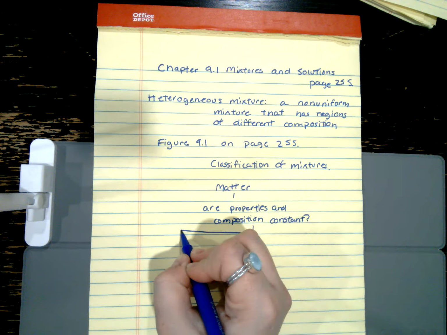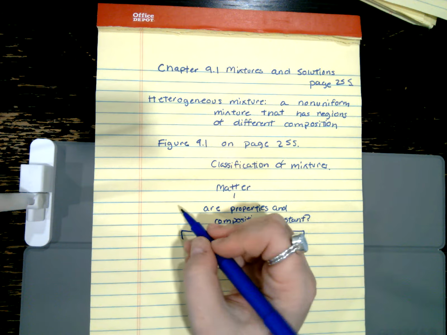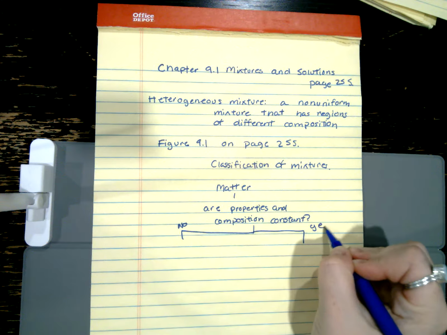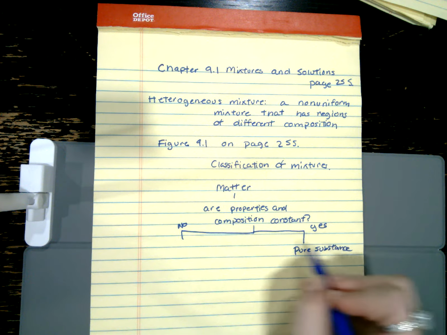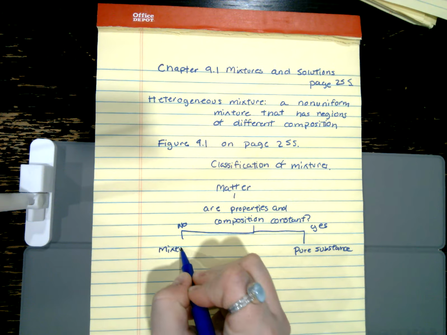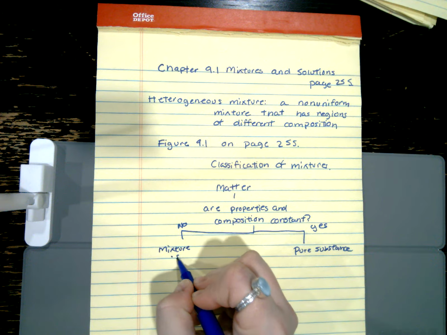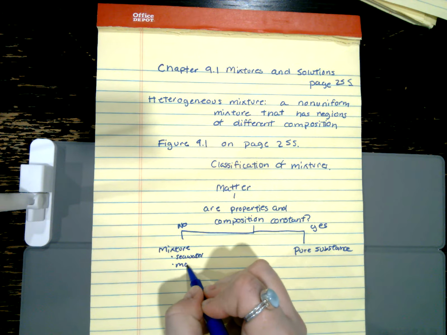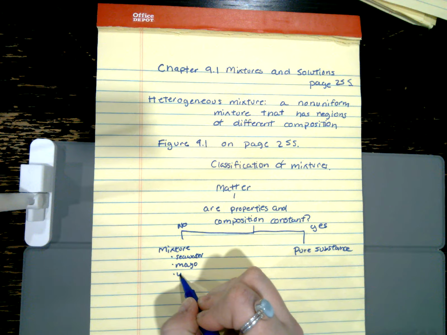There's going to be two answers: no, and yes. If it's yes, it's going to be a pure substance. If it's no, it's going to be a mixture, examples of which are seawater, mayo, and rocks.